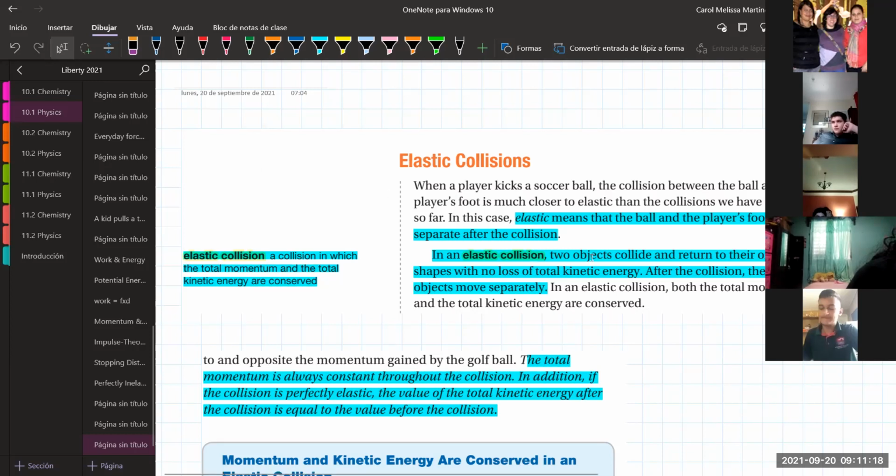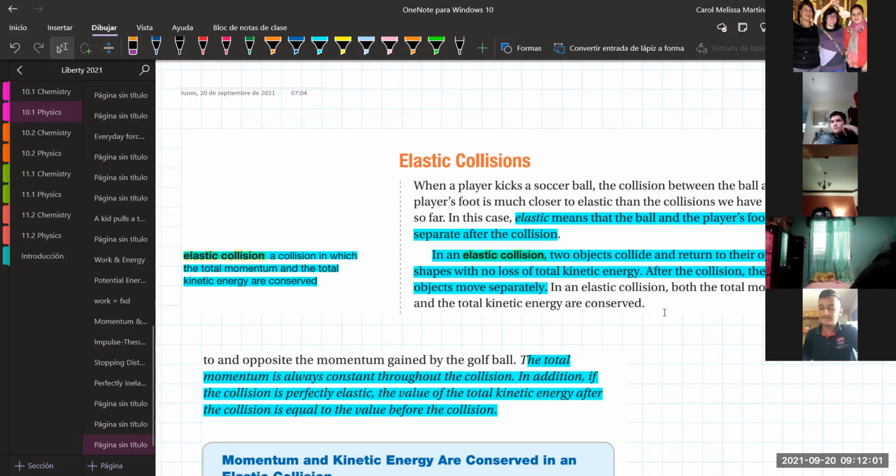So in an elastic collision, two objects collide and return to their original shapes with no loss of total kinetic energy. After the collision, the two objects move separately. In an elastic collision, both momentum and kinetic energy are conserved. We're going to discuss conservation later. So to define what an elastic collision is, I would say that yes, there is a moment where the two objects crash, okay?